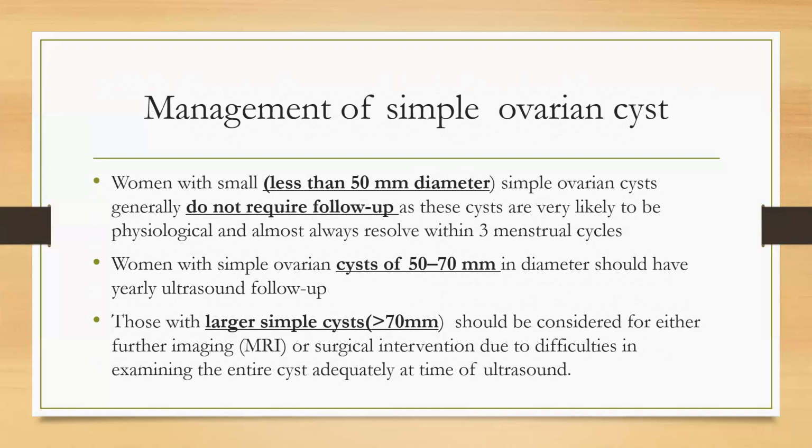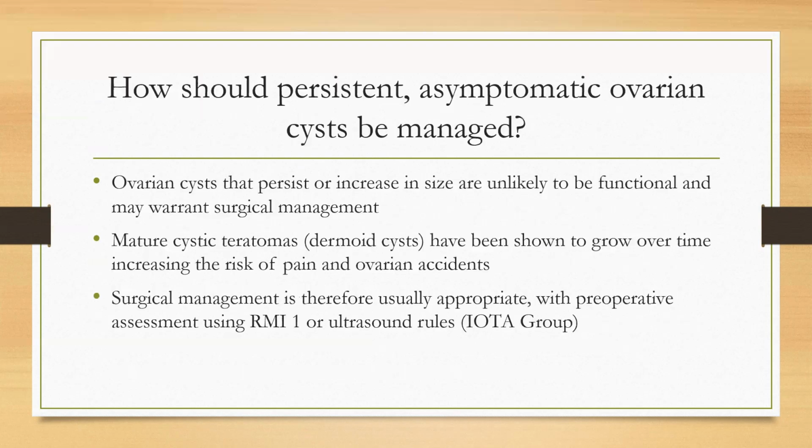So you need to see why it's so large, above 7 centimeters. If it is 5 to 7, these are for 1 year follow-up. If more than 7 centimeters, you will do MRI to completely evaluate, and or do surgical intervention, because you want to see whether it is a borderline ovarian tumor, because a borderline ovarian tumor may appear as a simple cyst on the preoperative ultrasound finding.